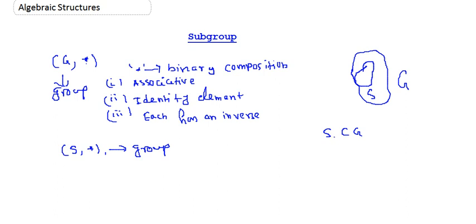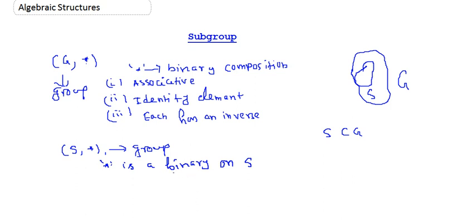What we are talking about is this: under the composition in which G becomes a group, and under the same composition star, S becomes a group. Let me apologize for my handwriting. Star must be a binary composition not only on the set G, but on the set S. This is the first property.